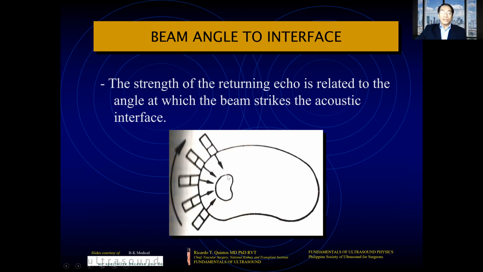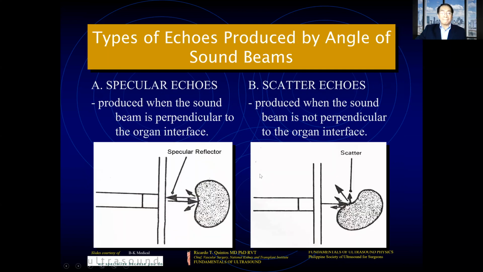So if this is the surface of your organ of interest, you want to position your probe such that the beam is nearly perpendicular to the surface of the organ of interest, so that you will have strong echoes coming back.